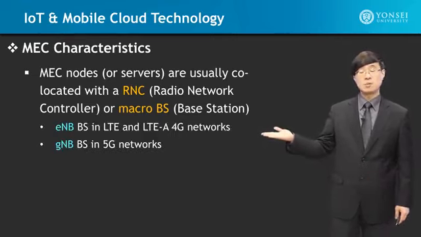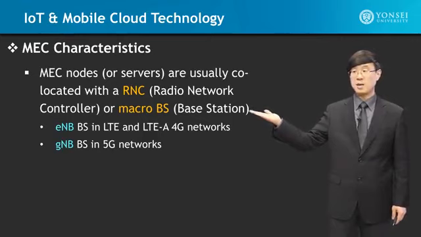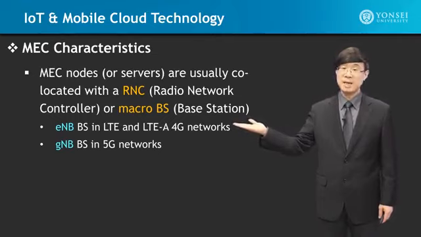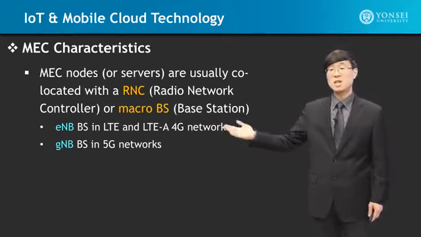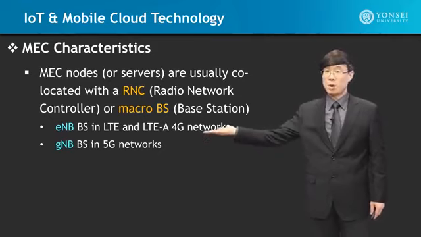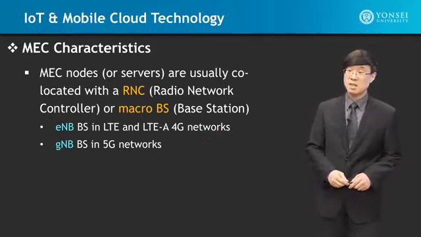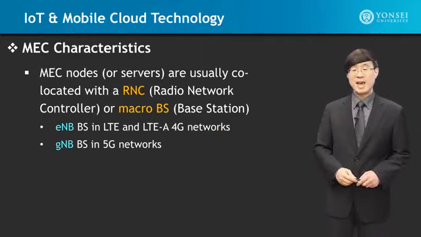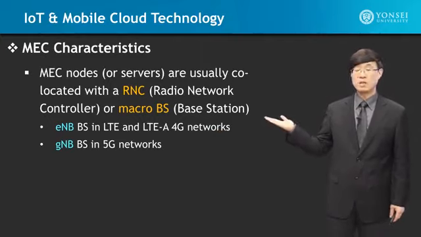Looking into further details of what do you mean by your base station, we'll look for these terminologies. When you're looking into 4G, LTE and LTA, the base station is the E node B. When you're looking into 5G mobile networks, the base station is the GNB. So look for these terminologies and you'll know where you can place your MEC cloud.